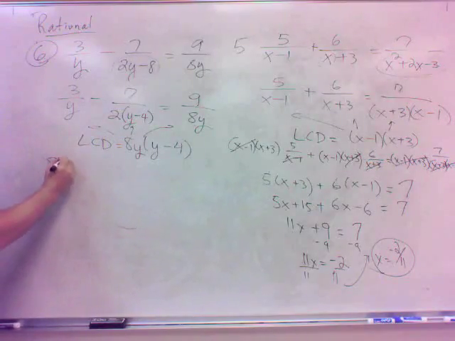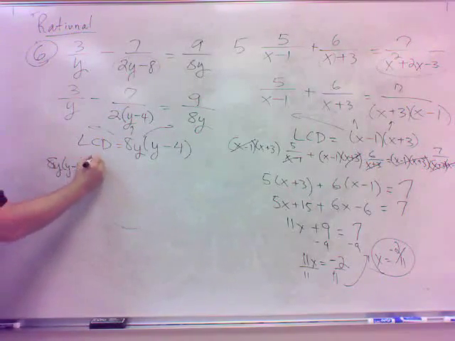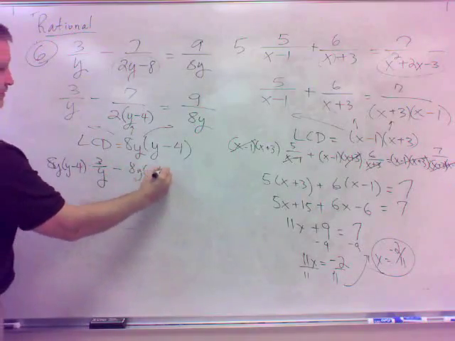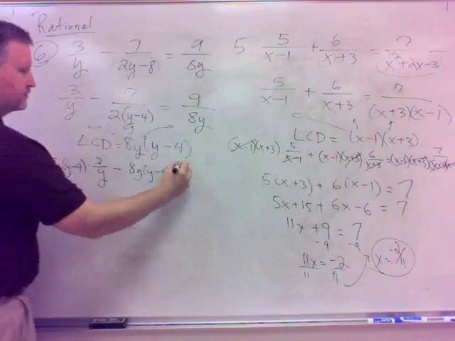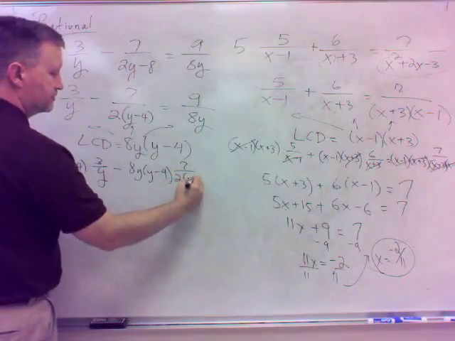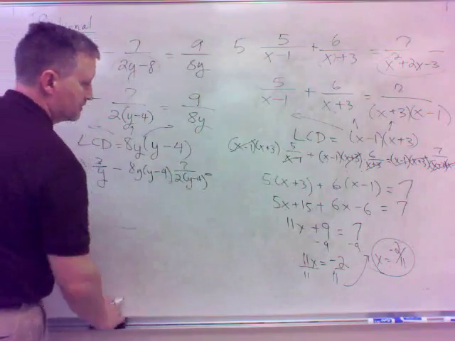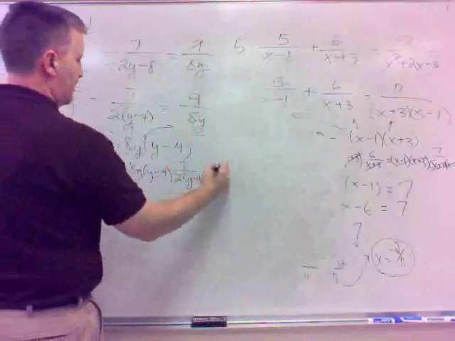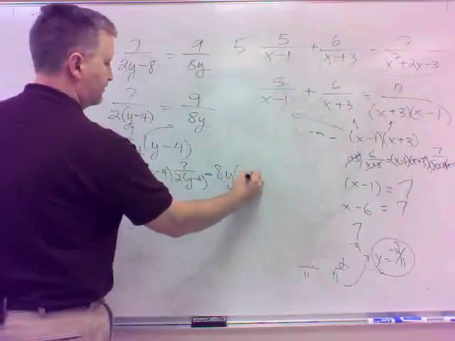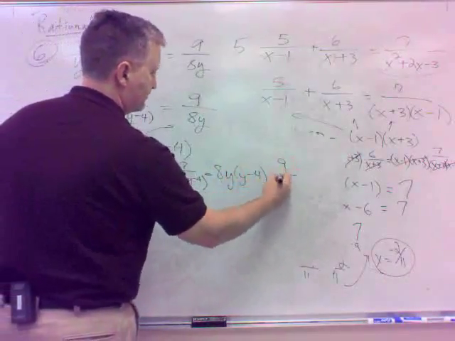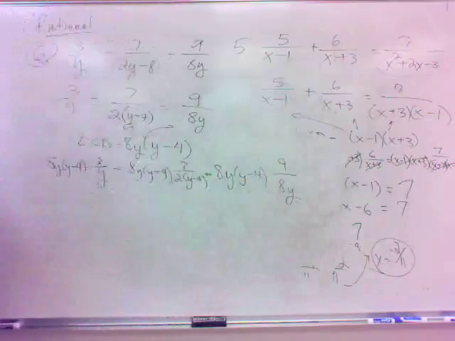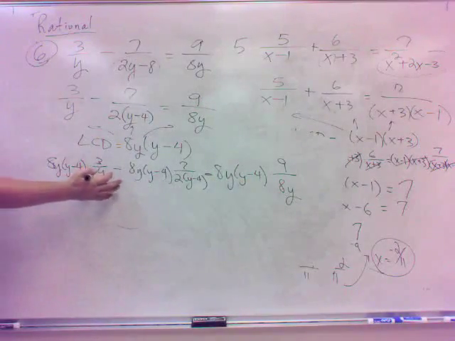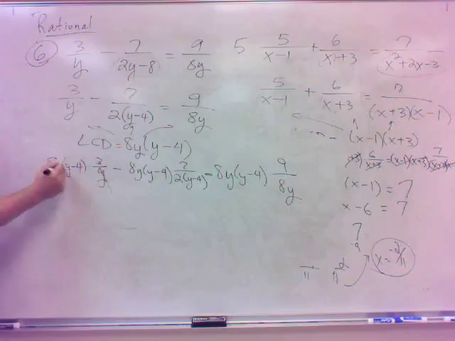8y, y minus 4, times 3 over y, minus 8y, y minus 4, times 7 over 2, y minus 4. And then 8y, y minus 4, times 9 over my 8y. What cancels? Well, up here in front, the y's cancel.